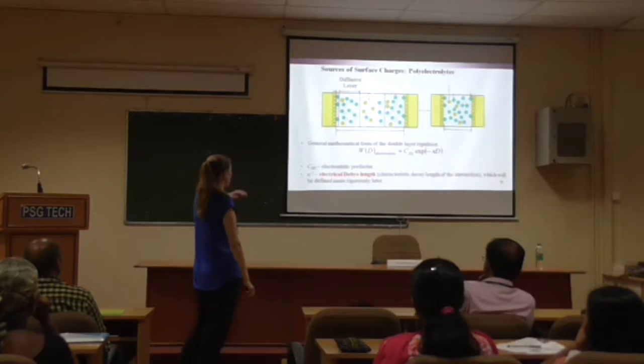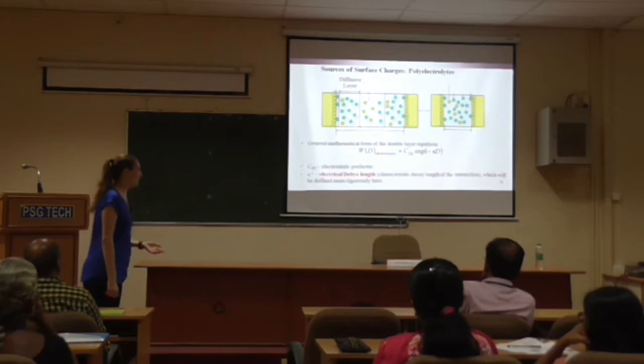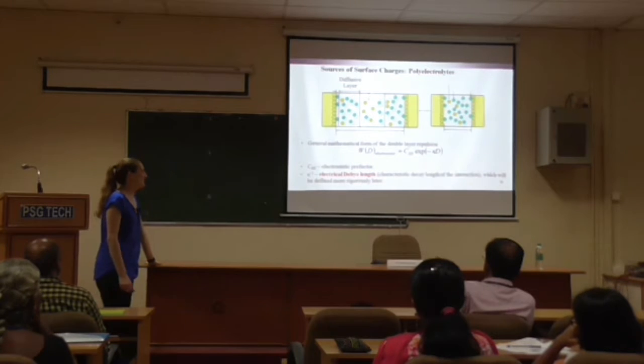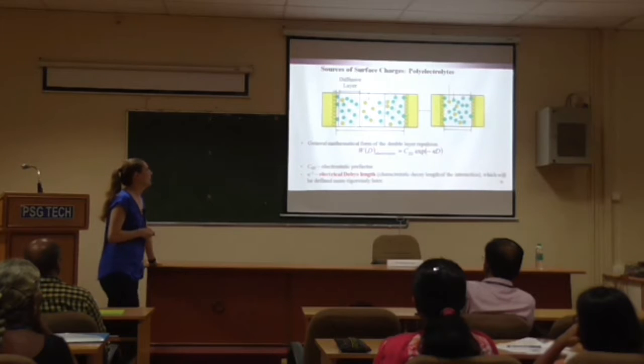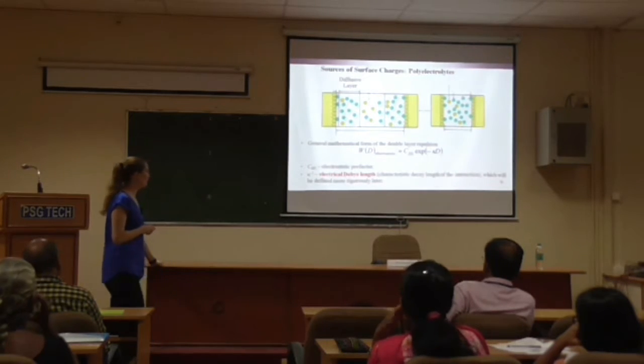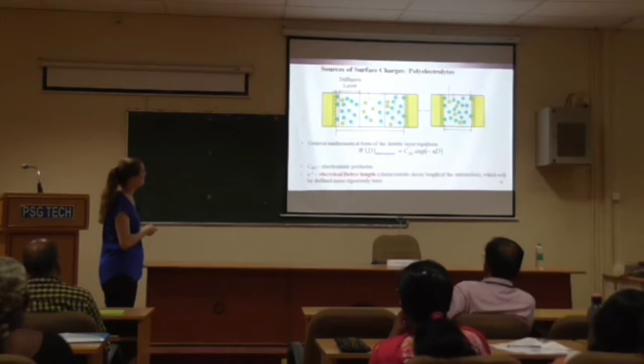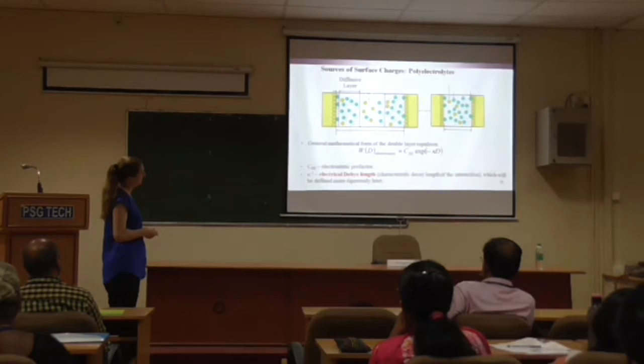So generally speaking, we can simplify electrostatic interactions as exponential decay. The potential energy away from the surface is going to decay with an exponential, where d is the distance away from my surface.